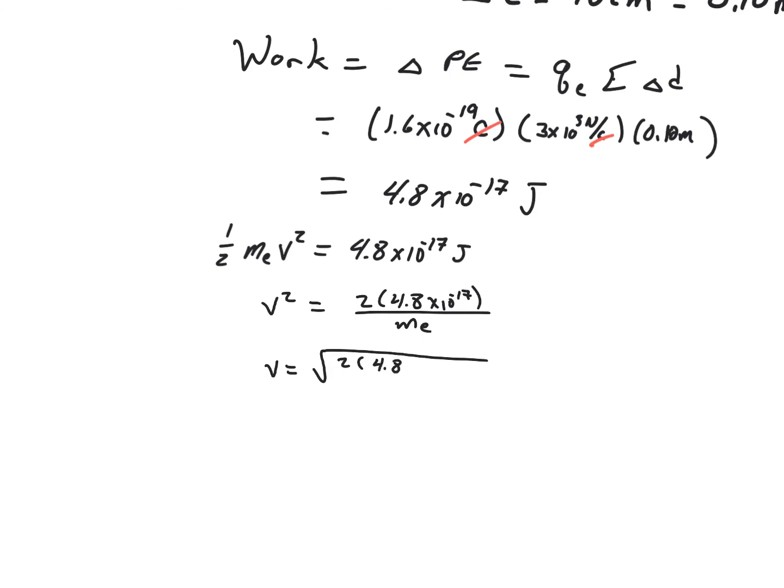Now we're using some big numbers, so make sure you use your order of operations. The mass of the electron is very small, so 9.1 times 10 to the minus 31 kilograms. If you plug all this in, you get approximately 1.1 times 10 to the 7 meters per second, which is crazy fast. But electrons are very small, and that is a very strong electric field.